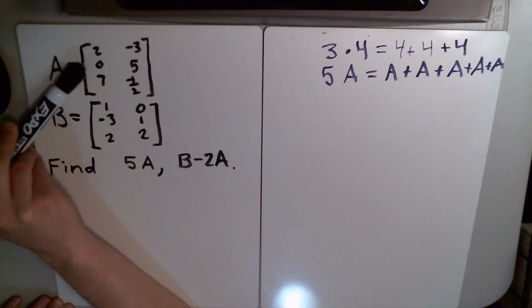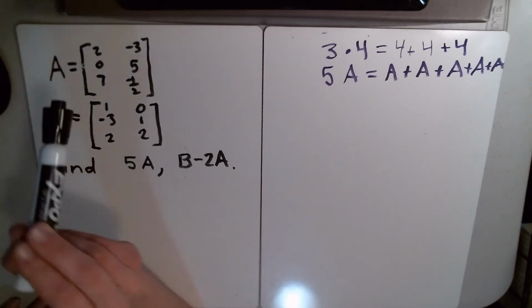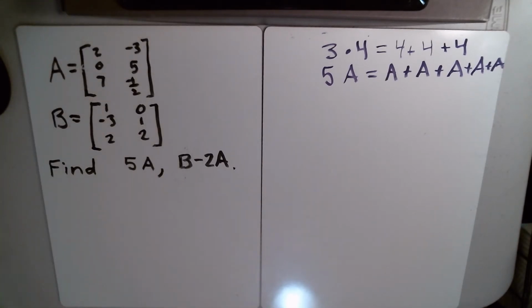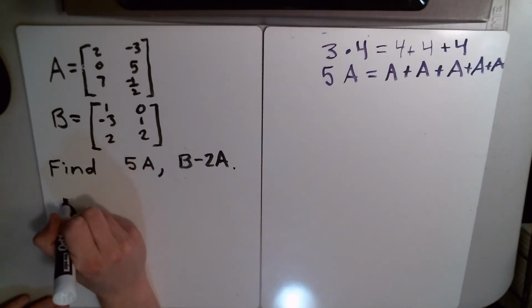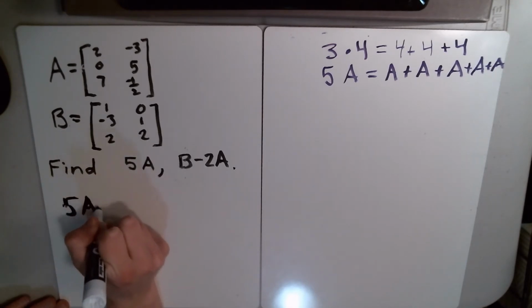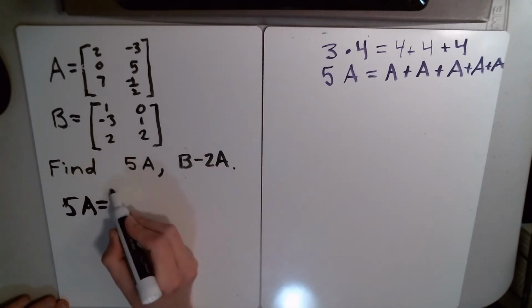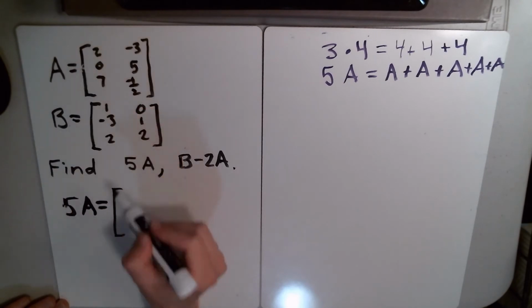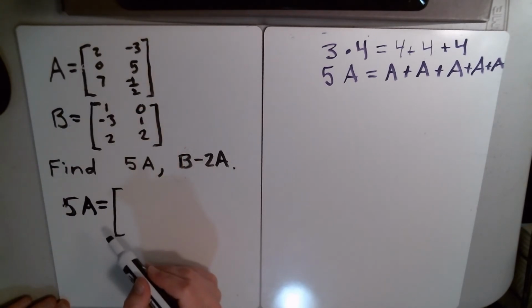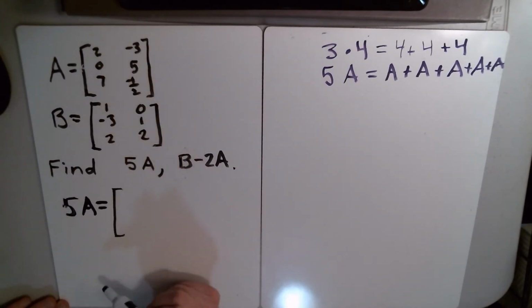Add A again, you get 8. And you can see that when you do 5A, you just need to multiply each of the entries by this number 5, because it's going to be added to itself 5 times.